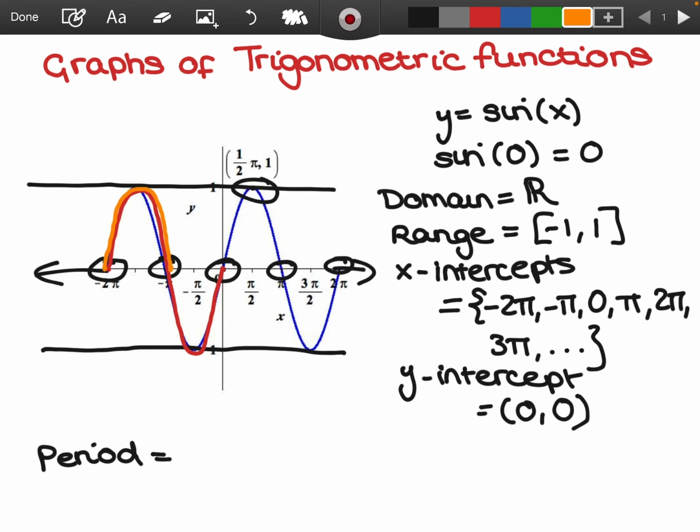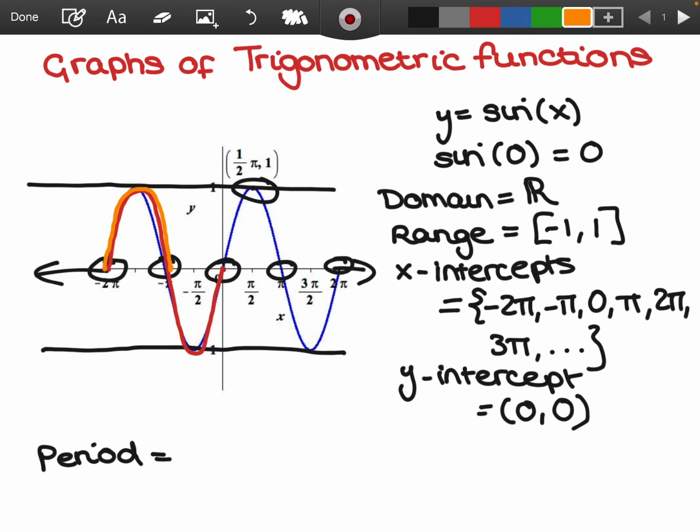I have to take more than just one arch, because I'd have to deal with reflections. I have to take one that goes above the x-axis and one that goes below the x-axis. That is a full cycle, because then I just repeat it over and over again to give me the graph of the whole y equals sine x function.